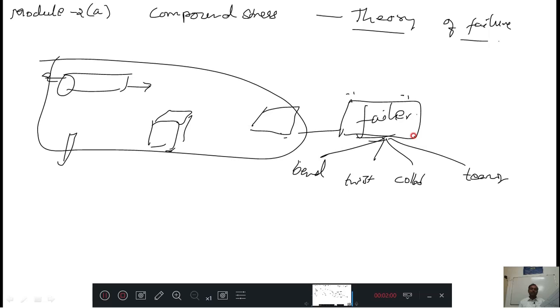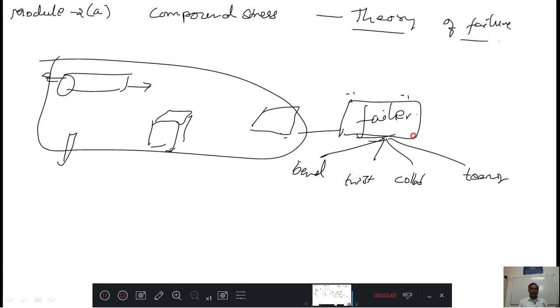And which property in the material is taking care of that failure, that is, the capacity of the material depends on which type of strength in it, whether it is the compressive strength, tensile strength, shear strength, yielding strength, or ultimate strength of the material. Like that, a material will have its own strengths inside. When we apply load, it may fail in shear, may not fail in tension, or may fail in tension, may not fail in shear. Like that, they can have their own failure criteria.